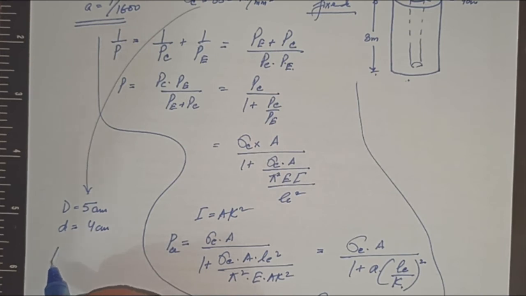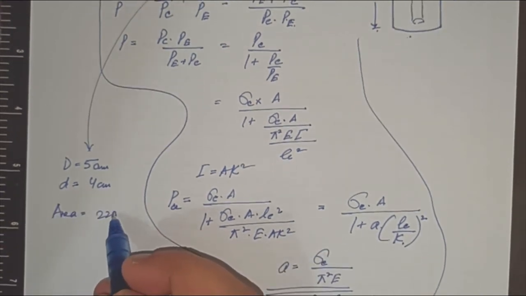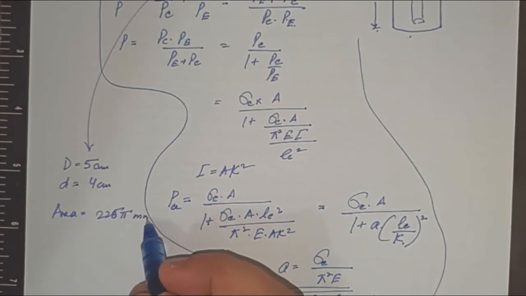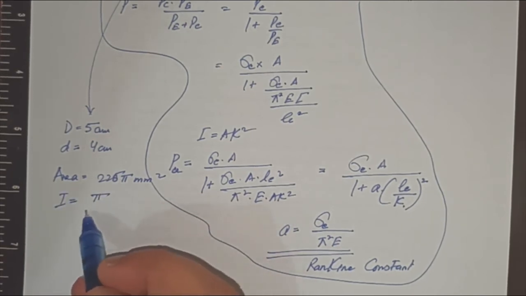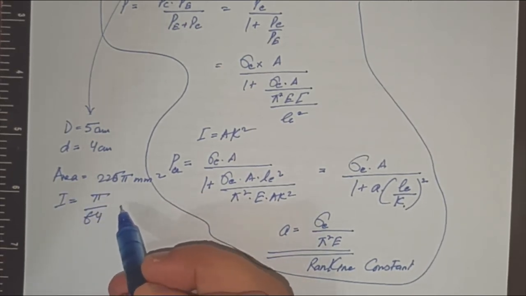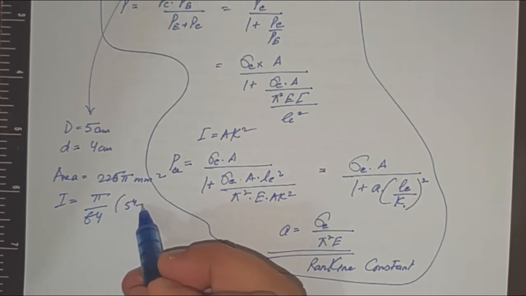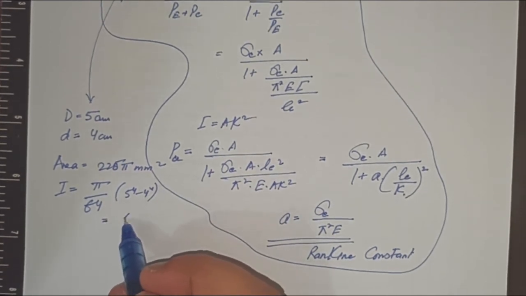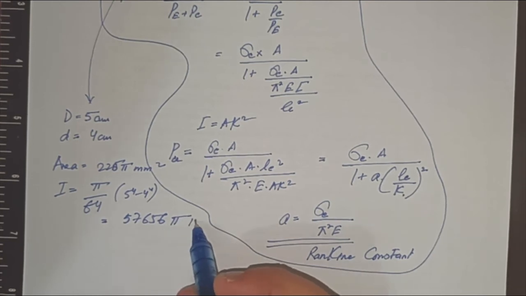We can obtain the area as 225 pi mm square, and we can obtain moment of inertia I as pi by 64 times outer minus inner, so 5^4 minus 4^4, so you can obtain this as 57 656 pi mm.